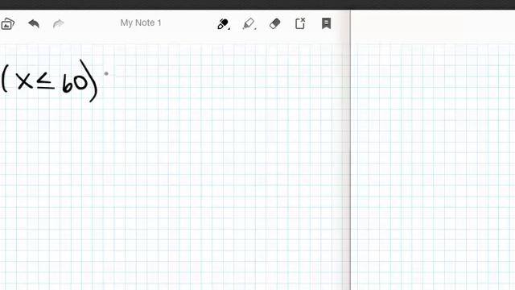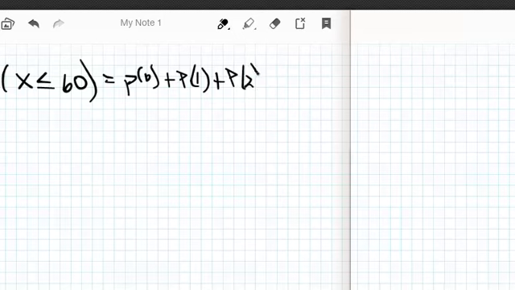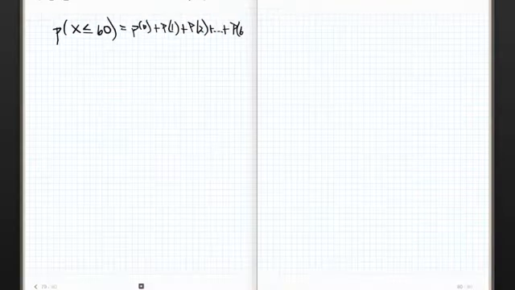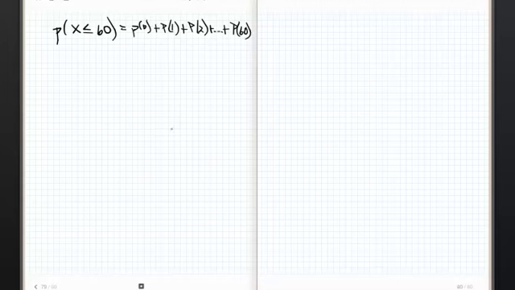Think about that in the binomial context. That would be equal to the probability that none out of the 100 cars ordered one, plus 1 out of the 100 cars ordered one, plus 2 out of the 100 cars ordered one, plus all the way up to the probability that 60 out of the 100 cars. We'd have to figure out 61 distinctly different probabilities, and that just doesn't work.